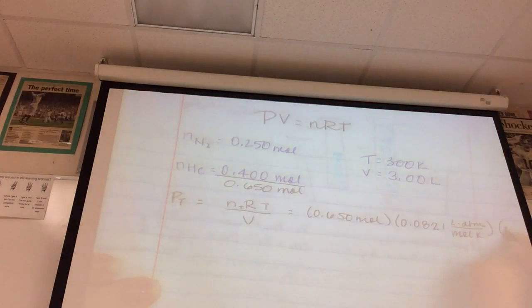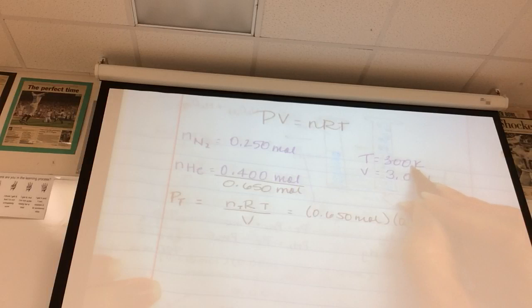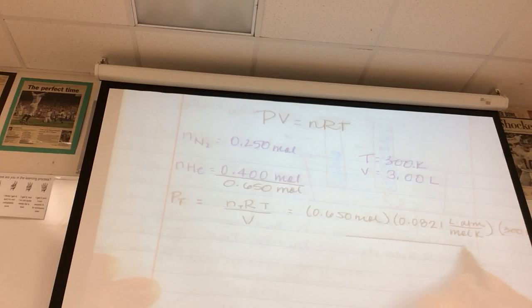The temperature is 300 Kelvin. I'm going to put that decimal point to maintain the 3 sig figs. And I'm going to divide by 3 liters. And this one isn't the most non-calculator friendly, although you could easily guesstimate.